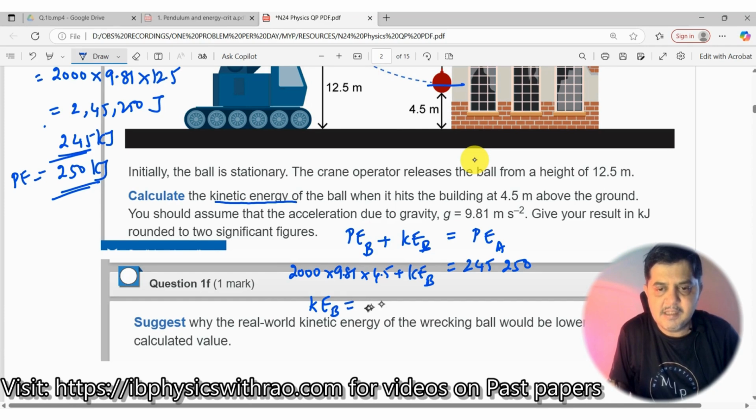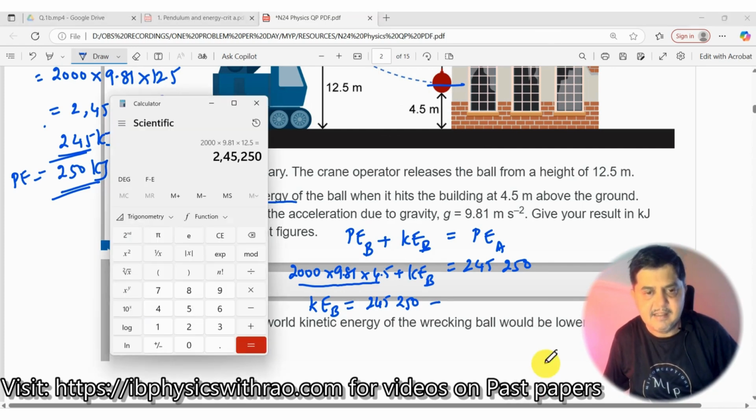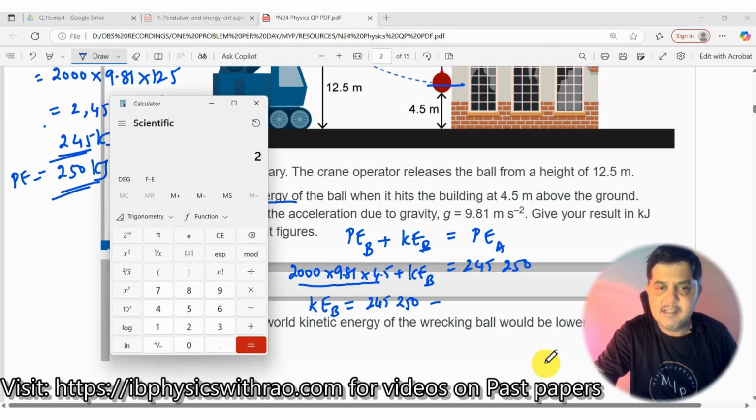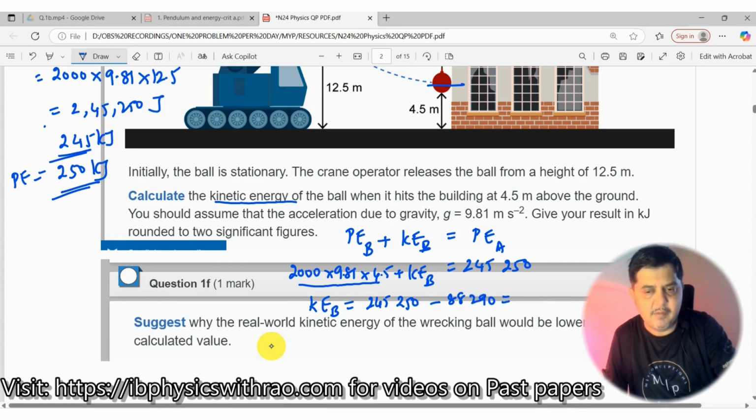This should now be equal to 250 minus, let us compute what this value is. There is my calculator once again. 2000 multiplied by 9.81 multiplied by 4.5 will give me 88,290. Right, it is 88,290.